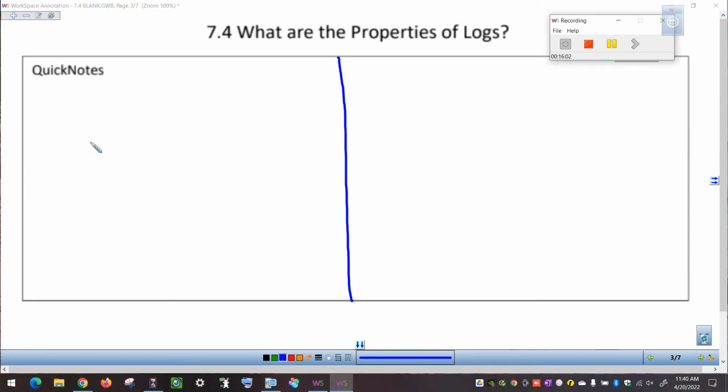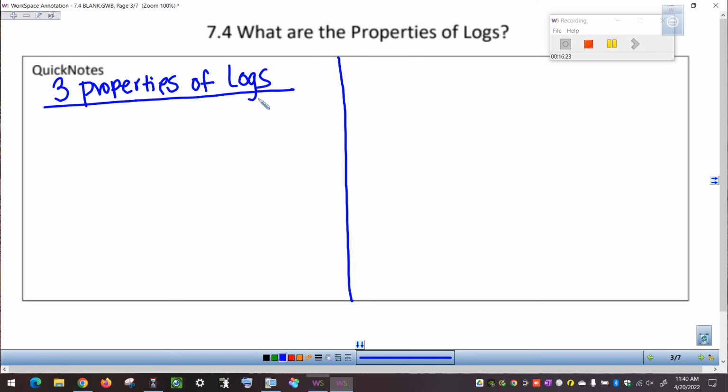All right, so we're going to summarize here. Our first learning target was to discover the properties of logs. So I'm going to say here, 3 properties of logs. We are going to rewrite them here so we have them all together in one place.